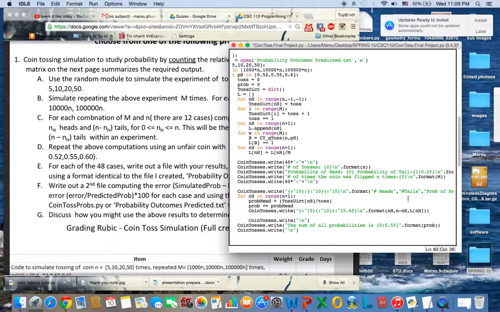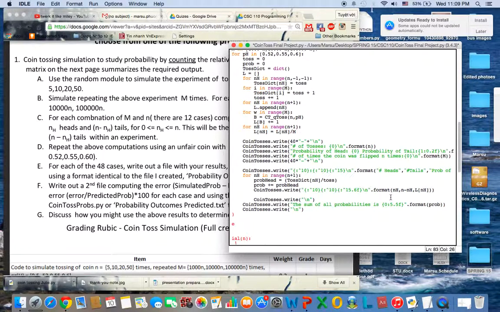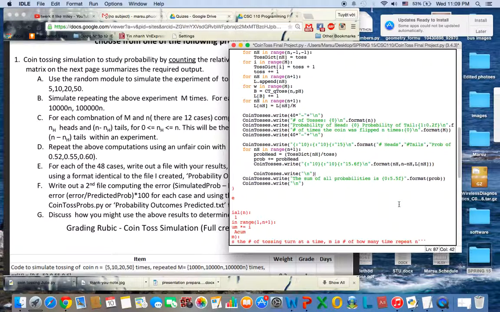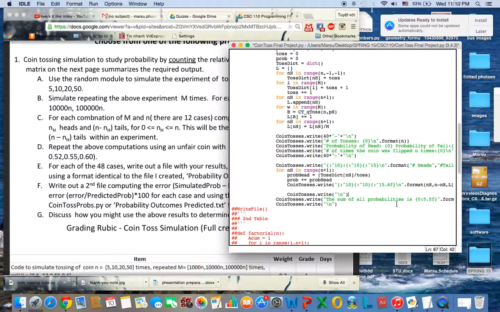Number of tails is N minus number of heads, and then the probability of head, and then we write the sum of probability. The sum of all the probabilities, so we make the format of the table. So we run it.